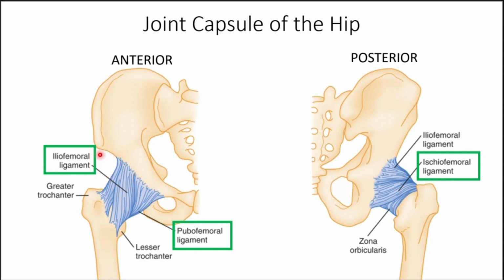Anteriorly, the iliofemoral ligament is a fan-shaped ligament that resembles an inverted Y. The iliofemoral ligament extends from the anterior iliac spine and bifurcates to attach to the intertrochanteric line of the femur.